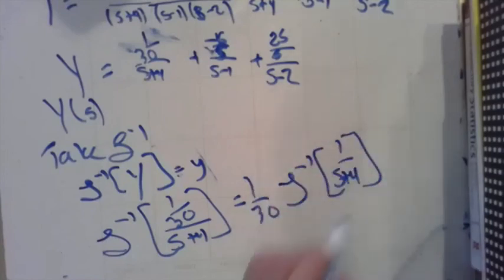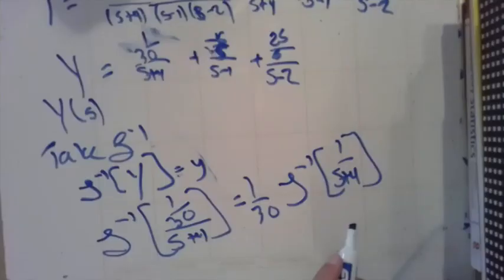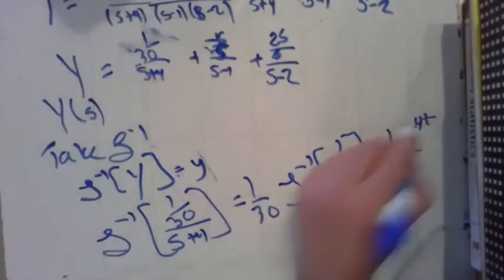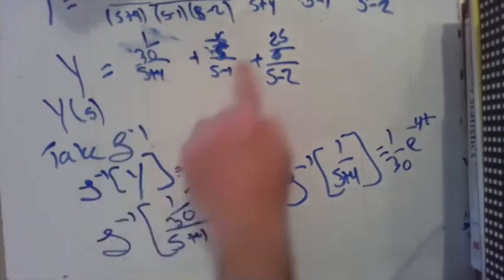I look that up in my table. 1 over s plus 4, so a here is negative 4, will be e to the negative 4t. So this will be 1/30 e to the negative 4t. Remember, in the t domain, my variable is t. So I just do that for each one.